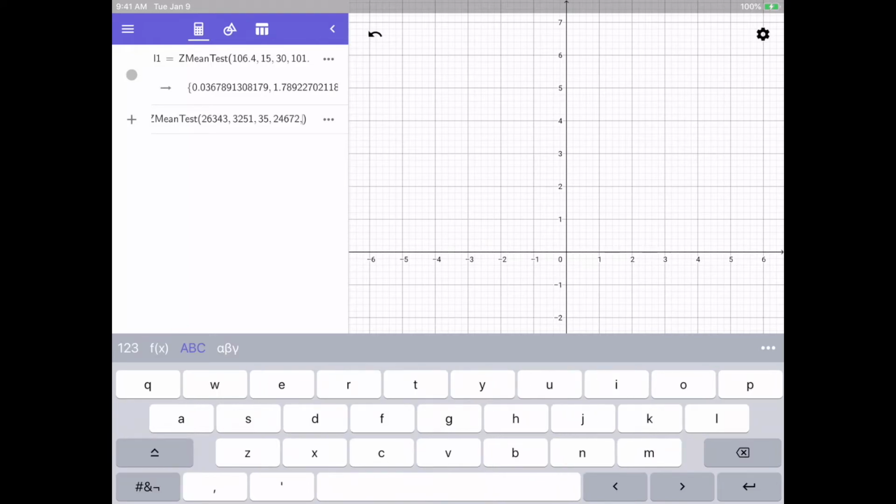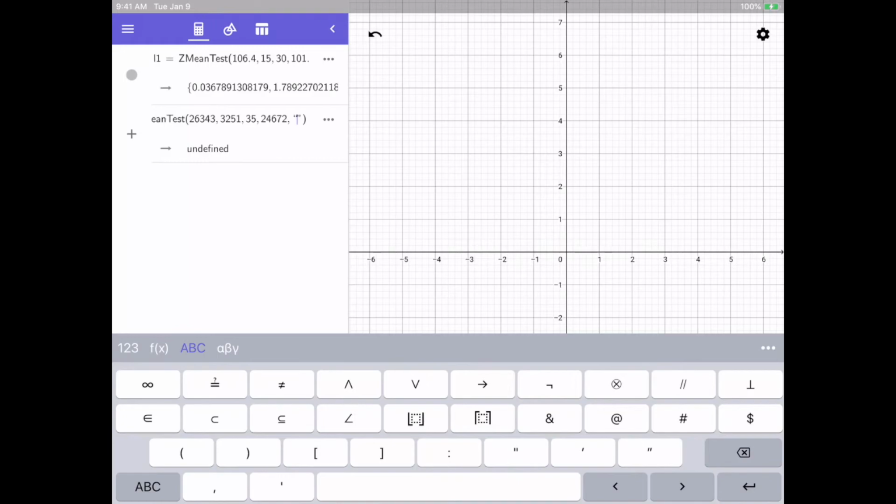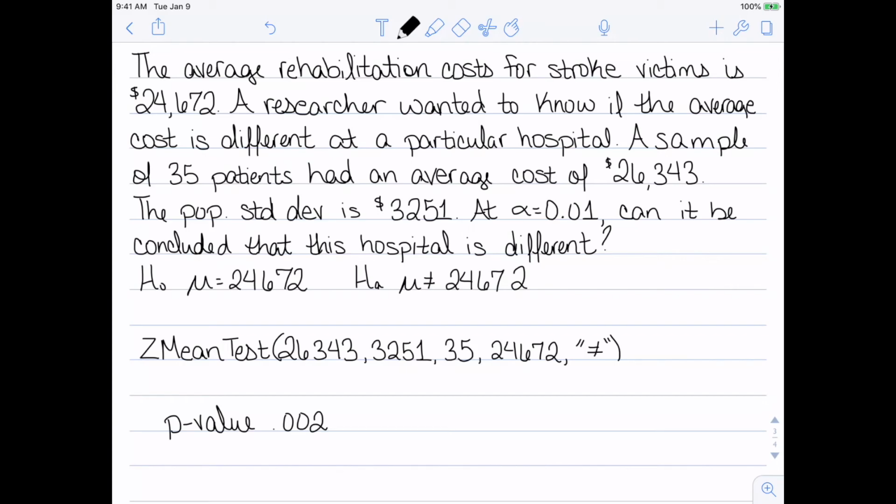We go over to the ABC and then the symbols. We can click the quotation marks and the not equal to symbol. And we have that our p-value is 0.002. We once again need to compare that to alpha, which is 0.01. And since our p-value is less than alpha, we know that H0 is false, so HA must be true. And yes, this hospital is different.